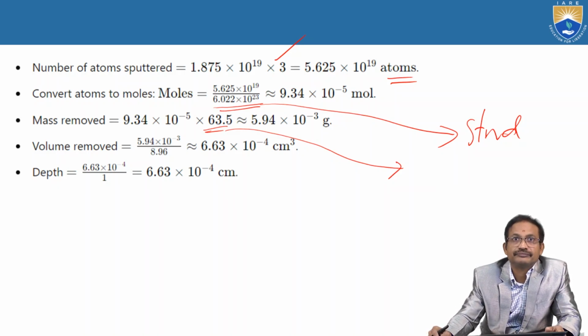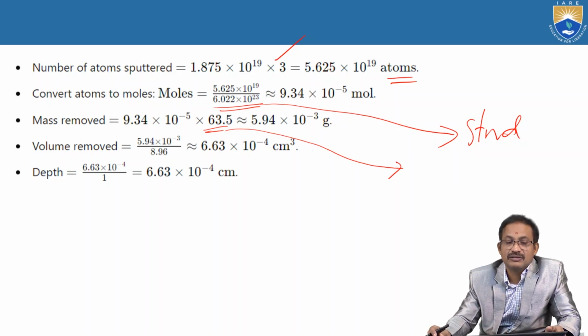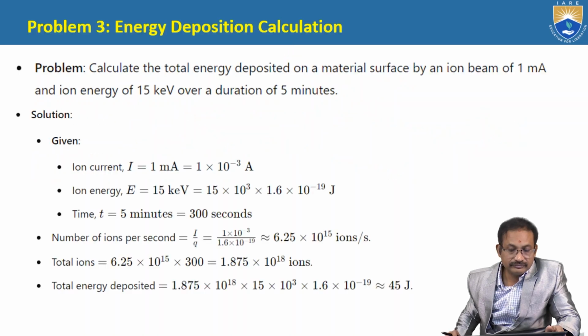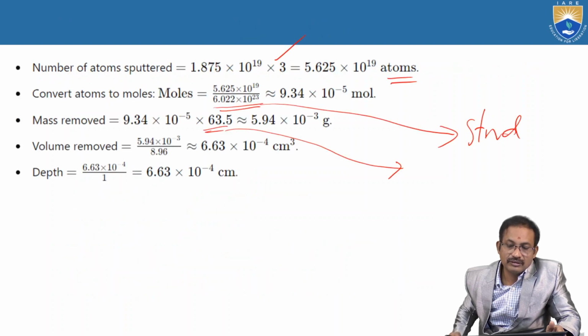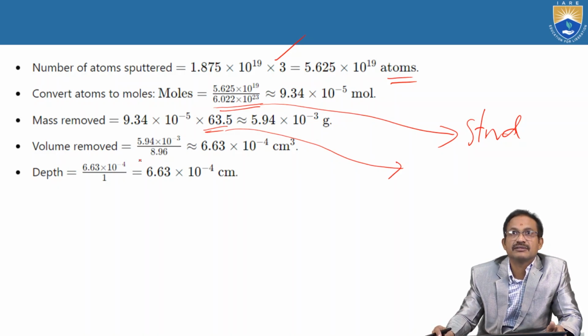Now what is the volume removed? Volume removed equals 5.94 into 10 power minus 3 divided by 8.96.